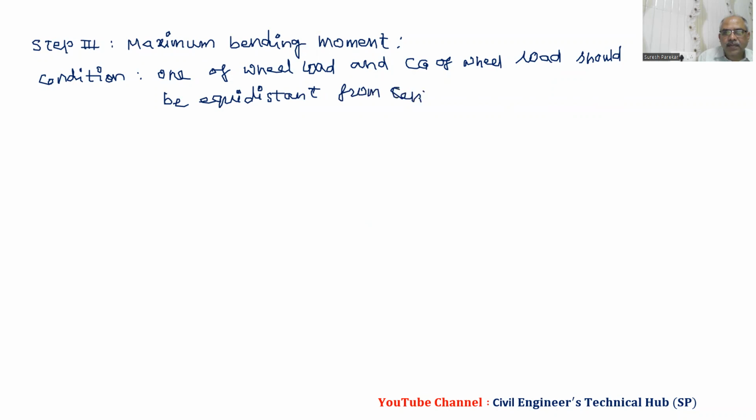And now we will keep this. So we have now a 5 meter span. So we have this as 5 meters. Then we have the UDL of 2.15 kilonewton per meter.